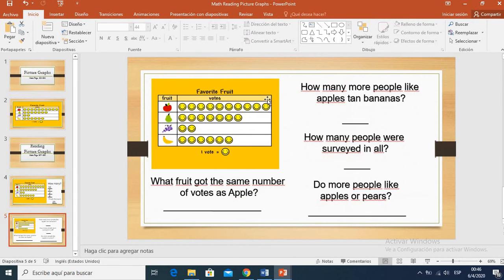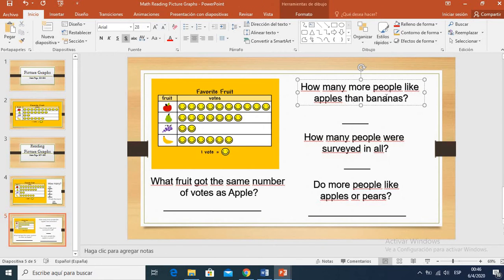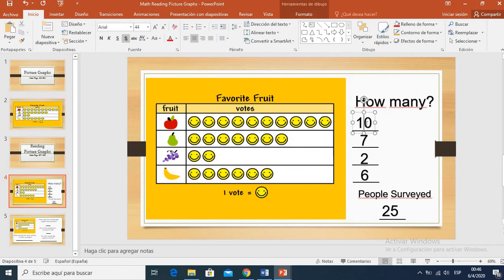But we can get some more information. Look, we have more questions here. The first question says, how many more people like apples than bananas? Okay, I know that 10 people like apples. And I know that 6 people like bananas.